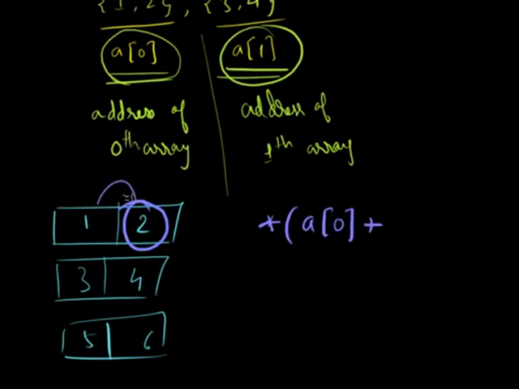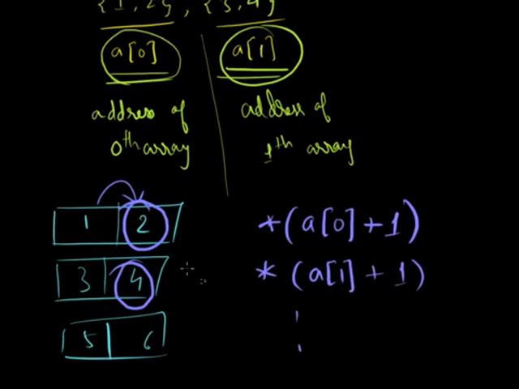So this is one ahead of the base address, so plus 1. For 4, value of A1 plus 1. So this way we access the elements of a 2D array using pointers.